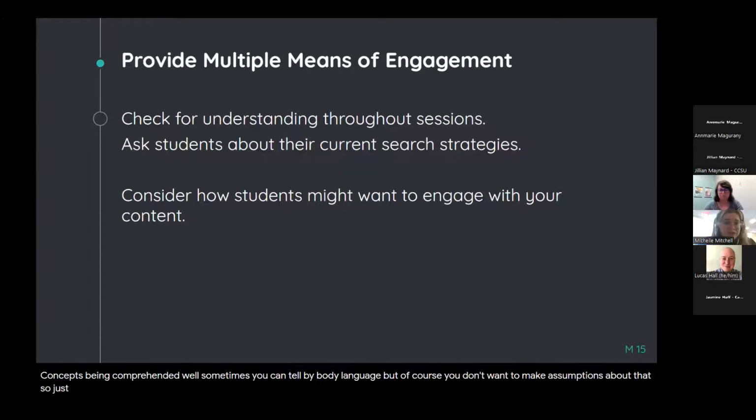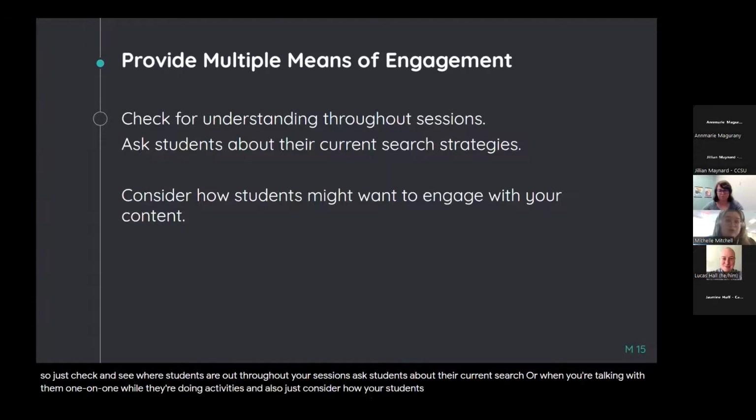So just check and see where students are at throughout your sessions. Ask students about their current search strategies, either in a large group format or when you're talking with them one-on-one while they're doing activities. And also consider that how your students may want to engage with your content may be different on every campus or even in every class.